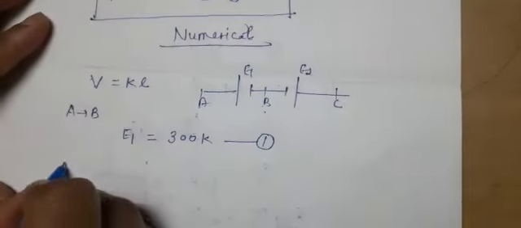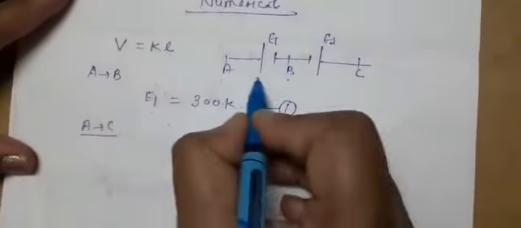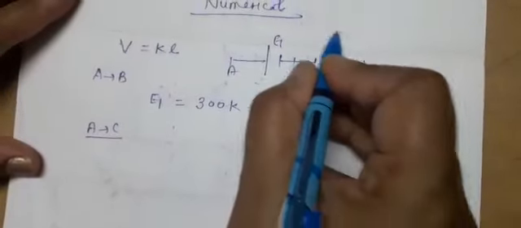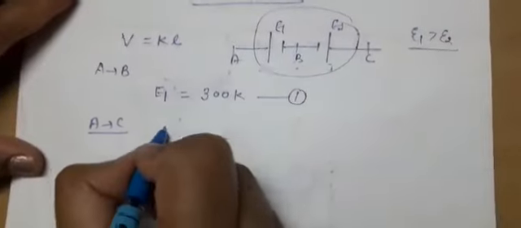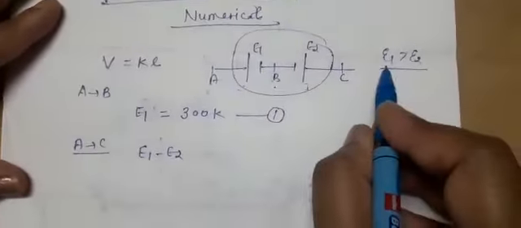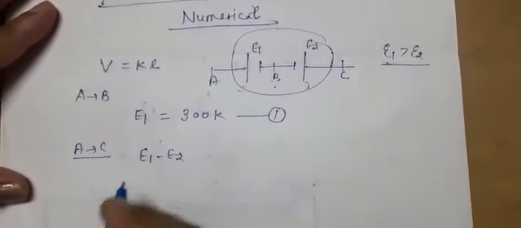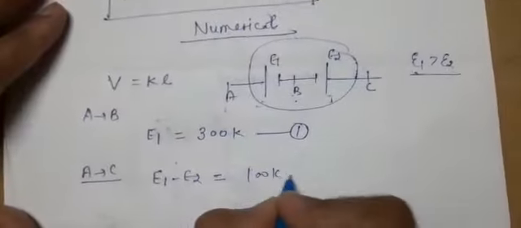Now when the potentiometer is connected between A and C, in that particular case both the cells will be contributing, but as E1 is greater than E2, the effective EMF will be E1 minus E2. Net EMF will be E1 minus E2, and the corresponding balancing length is 100 centimeter.